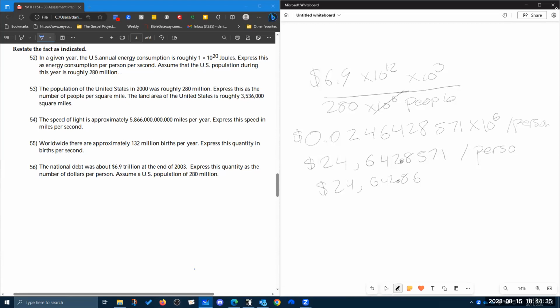There we go. That sounds right. It was, as I recall, between $24,000 and $25,000 per person around that time. If everyone wrote a check of that amount to the IRS, the national debt would have been paid off in 2003. But now we're significantly more in debt per person than that.